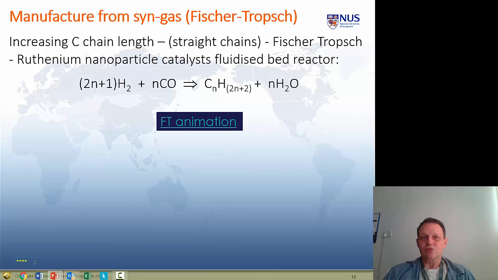If you pyrolyze that rather than burn it, which means you heat it under reduced oxygen, you'll get carbon monoxide out of that, and hydrogen. So you could then go on and use the system we're about to talk about now, the Fischer-Tropsch system, to make a biofuel which would have considerably more energy than the original lignite.